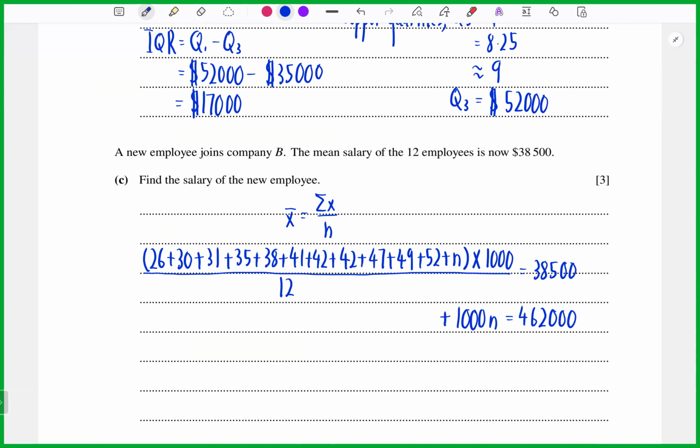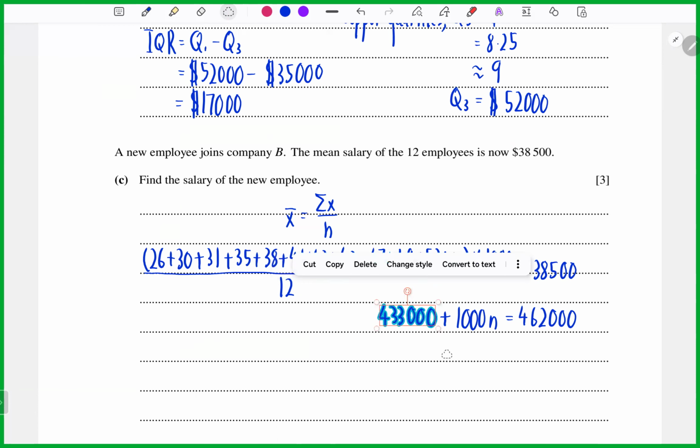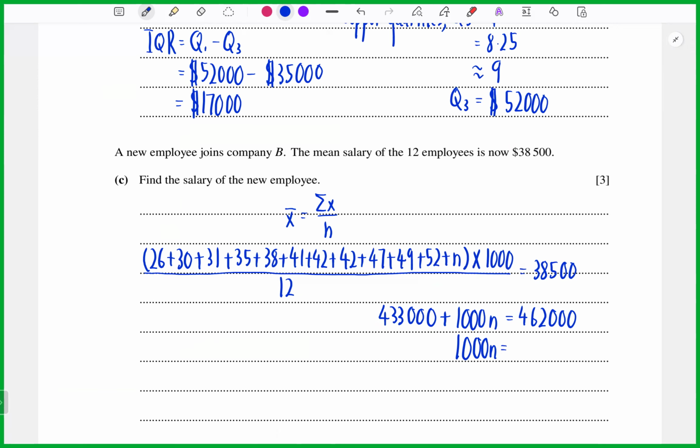So you will get 433,000. So 1000 n equals 29 thousand. So n equals 29.